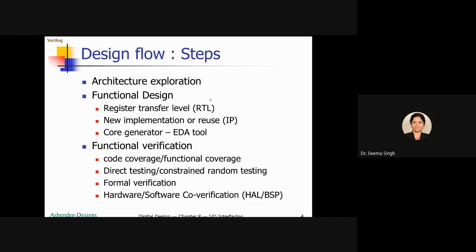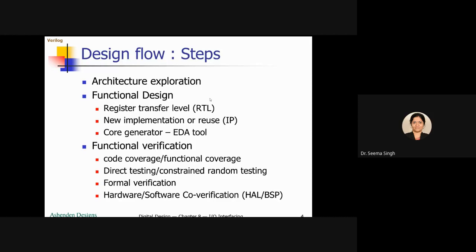So there is something called a wrapper. We can embed the block in a wrapper, and have a special circuitry which can deal with the difference between what is required by us and what is available in the IP reuse blocks. So we can always take care of this.